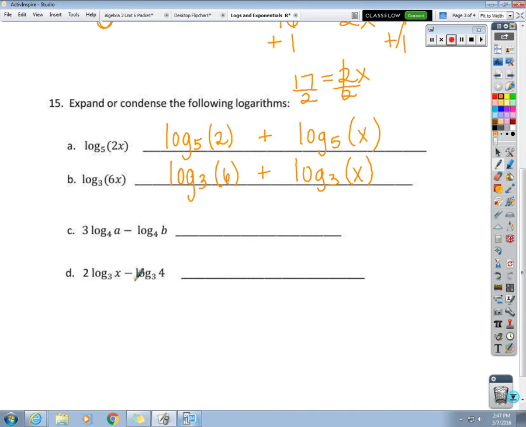Okay, so for C and D, they've already been expanded, so we need to condense them, which means we write them as a single logarithm. You write log once, and it's base 4 for this one. If it was subtraction over here, then when you condense it, it's going to be division. And what's the numerator?